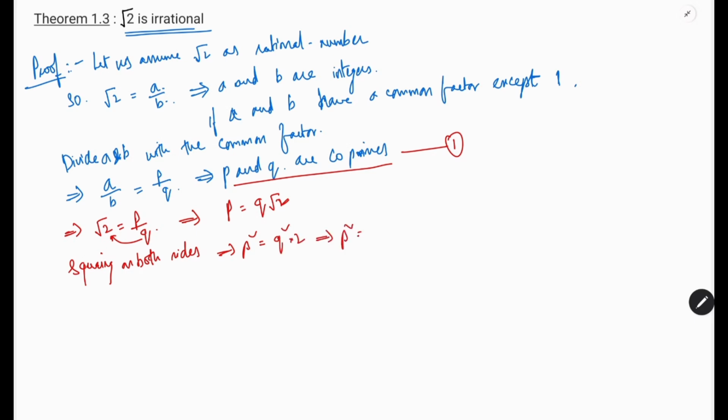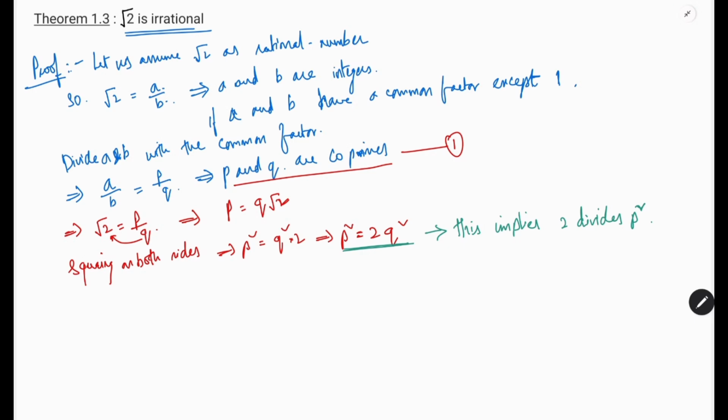So P square is equal to 2Q square. This implies that 2 divides P square.